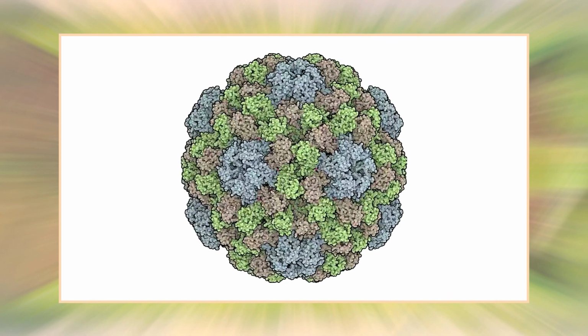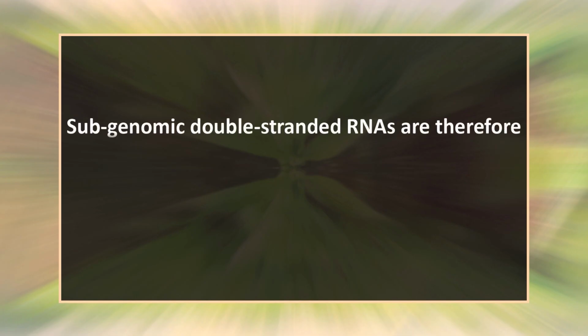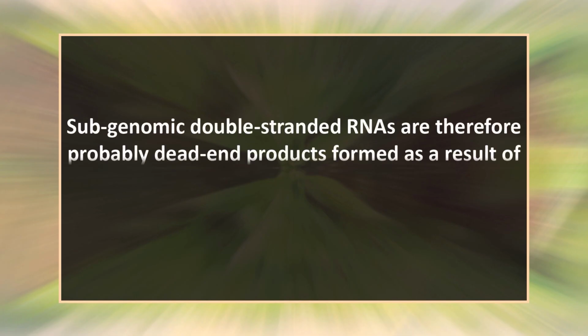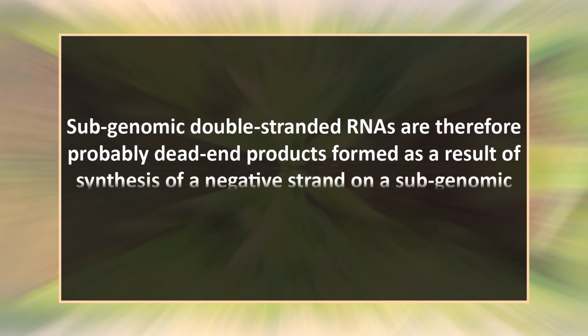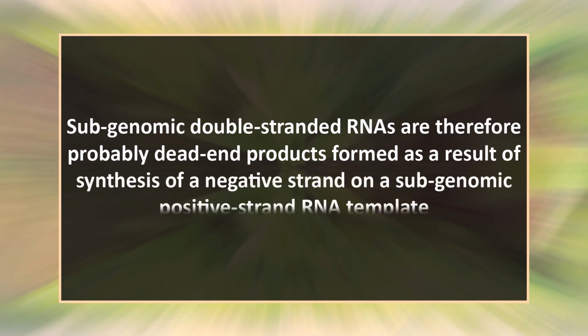Tobacco mosaic virus subgenomic RNAs are likely to be synthesized by internal initiation on genome length negative strand RNA templates, which requires subgenomic promoters containing sequences not found in the subgenomic RNA itself, as shown for bromo mosaic virus. Subgenomic double-stranded RNAs are therefore probably dead end products formed as a result of synthesis of a negative strand on a subgenomic positive strand RNA template.